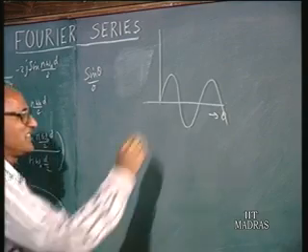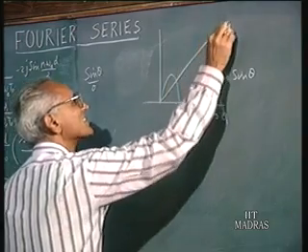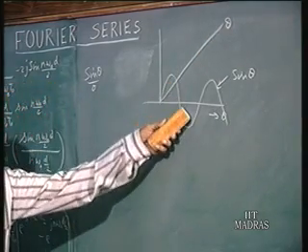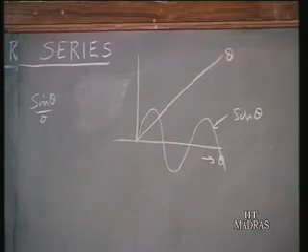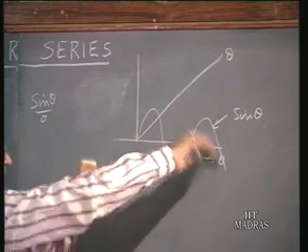So let us plot this: this is sin theta and theta will be like this. So we are dividing this waveform by this. We can see that as the theta increases, the amplitude of the oscillations decreases.